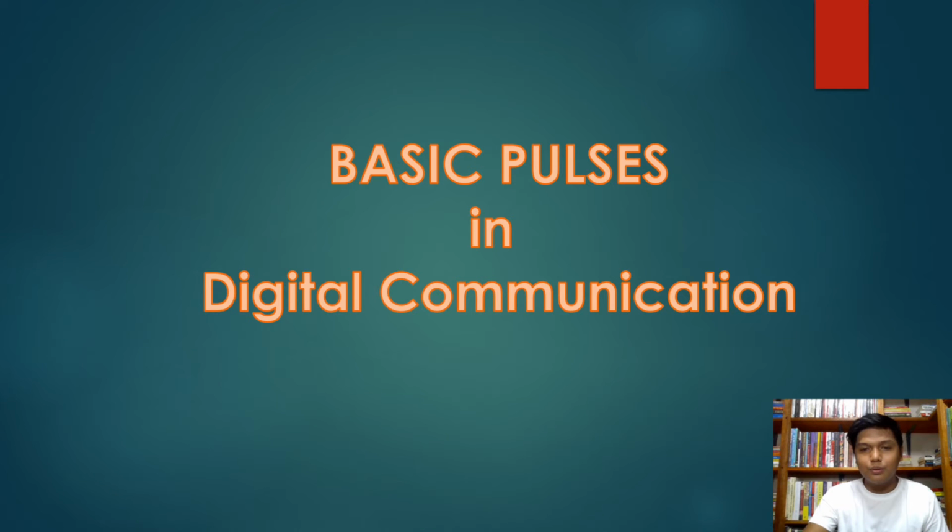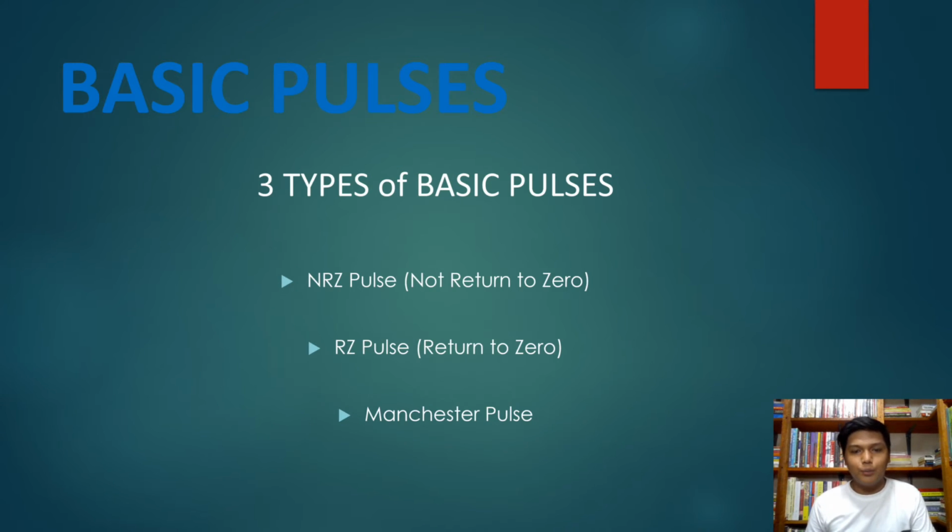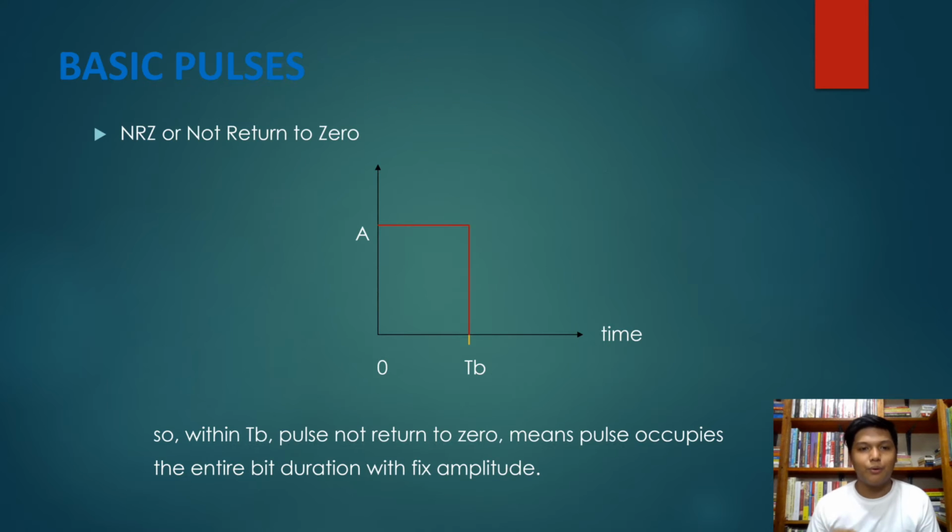Now I will explain the NRZ pulse, or no return to zero. In this figure, when you see this pulse, you will find that it has the characteristic of no return to zero.